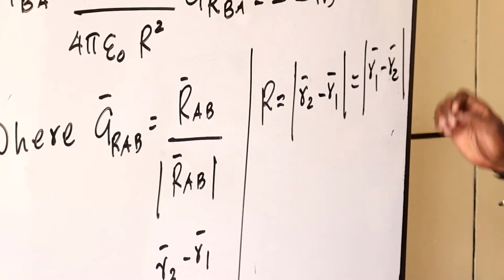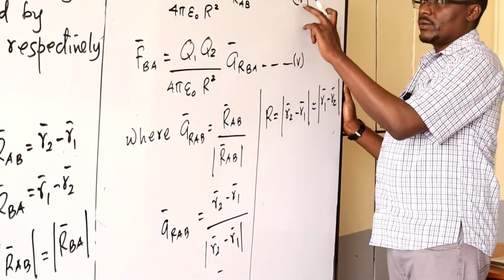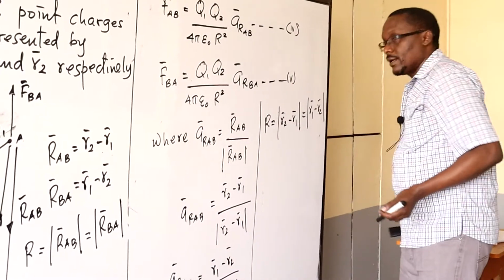Now, if we substitute all this that we found here in our equation 4 and 5, this is what is going to be generated.